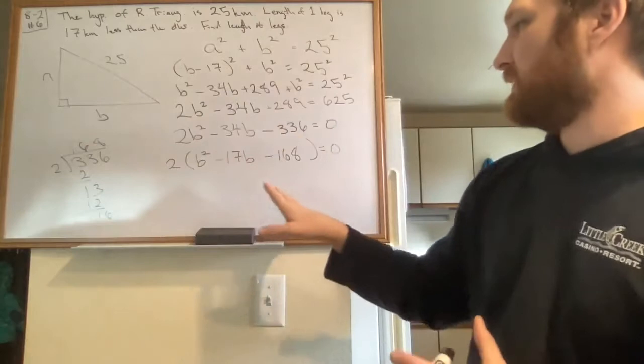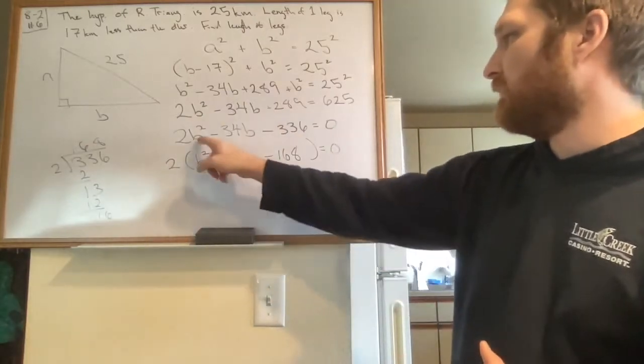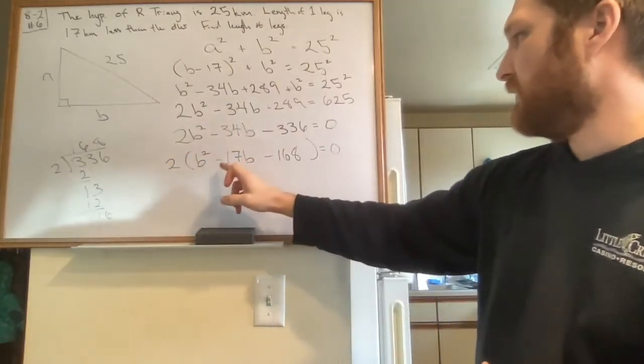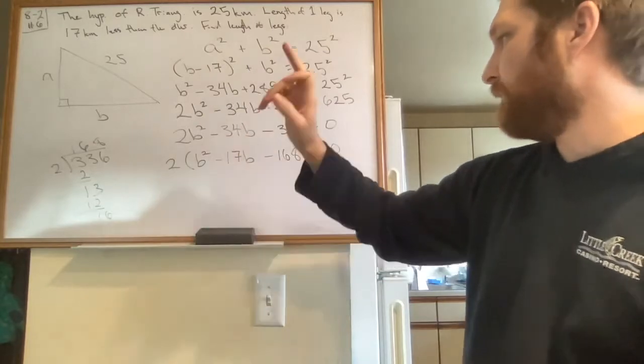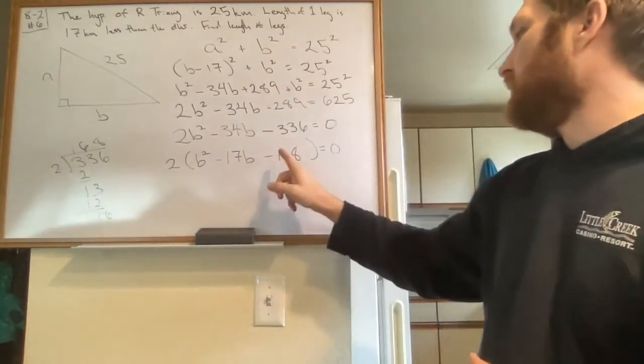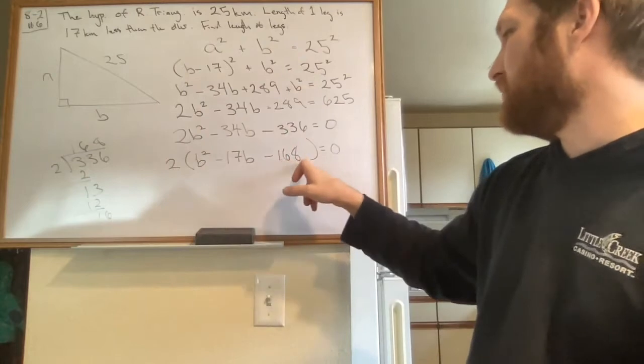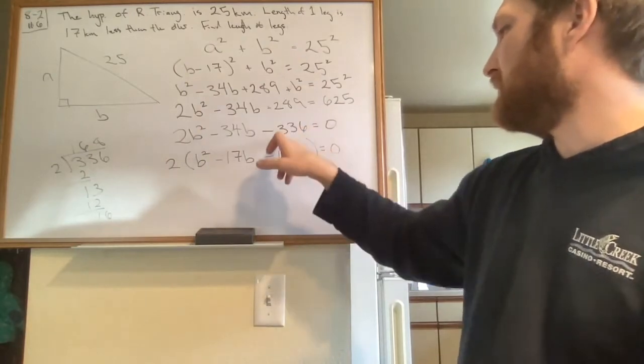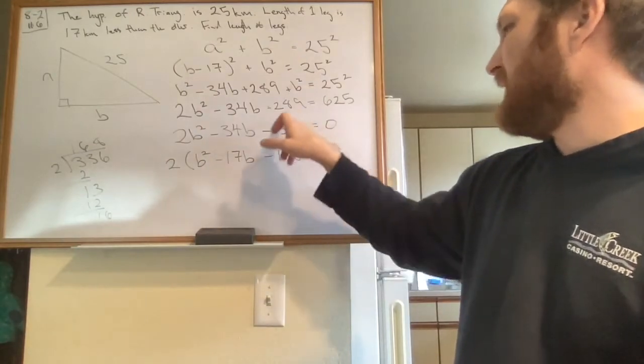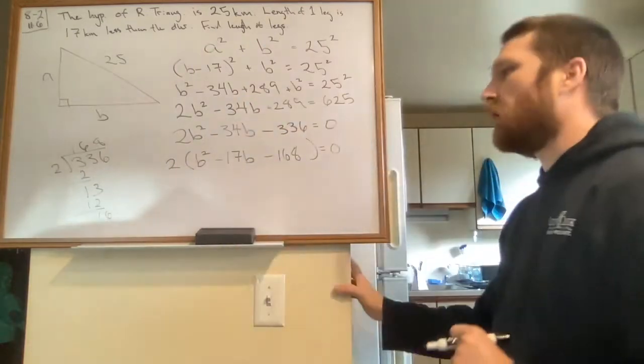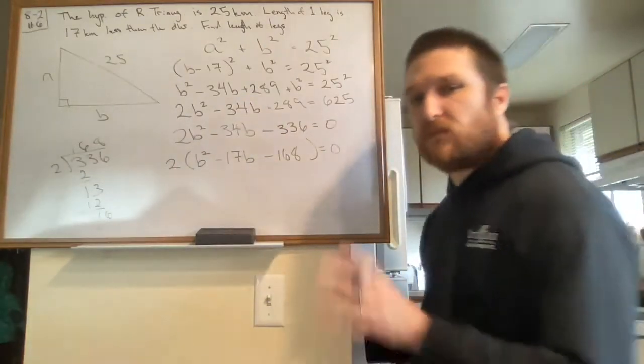Let's just make sure we haven't messed anything up. The 2 comes in to give me 2b squared. The 2 comes in to give me negative 34b. 2 goes in here to give me a negative 168. Yeah, it works. Okay, so now hopefully this will factor out.